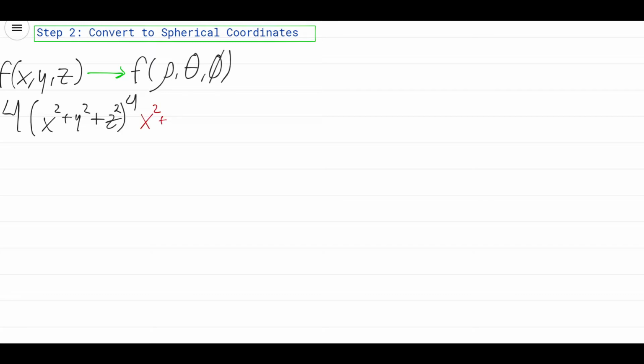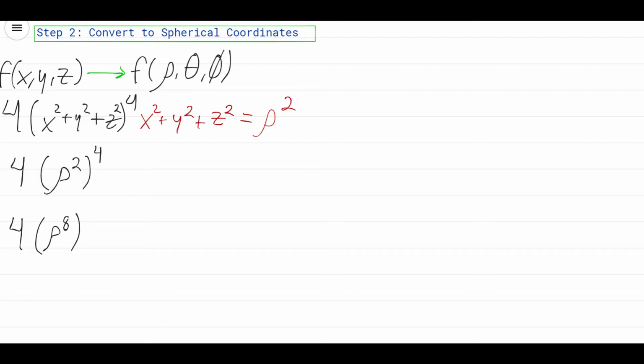And note another conversion factor: x squared plus y squared plus z squared is equal to rho squared. So we can substitute rho squared and raise it to the 4th power. When we simplify the exponent, it's 4 times rho to the 8th power. That's our f of x, y, z in spherical coordinates.